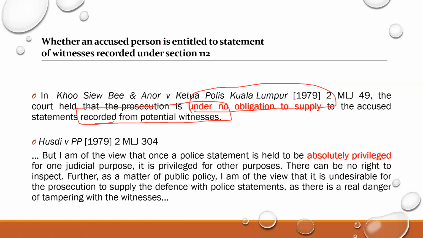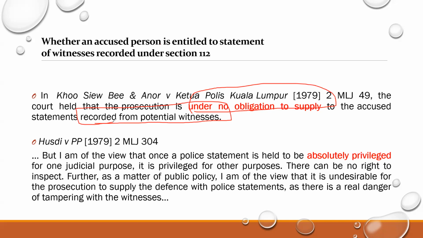Okay, take for example, if let's say I have a drug case and the person that lodged a police report or even giving this section 112 statement is a protected witness, is an informer, then the police will withhold the details of this section 112 statement from the accused, because after that, if let's say this is a drug syndicate, you only catch a few accused, you only catch a few offenders, criminals.